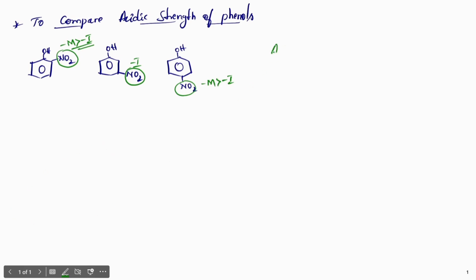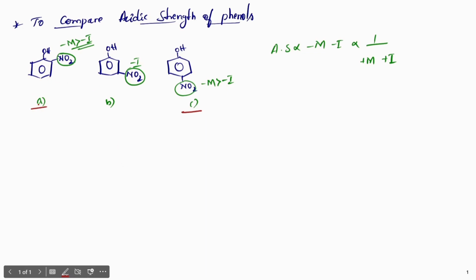We know that acidic strength is directly proportional to minus M and minus I and inversely proportional to plus M and plus I. So here this is A, B and C. Among these three, if you compare A and C, in both the cases minus M effect takes the preference over minus I effect.